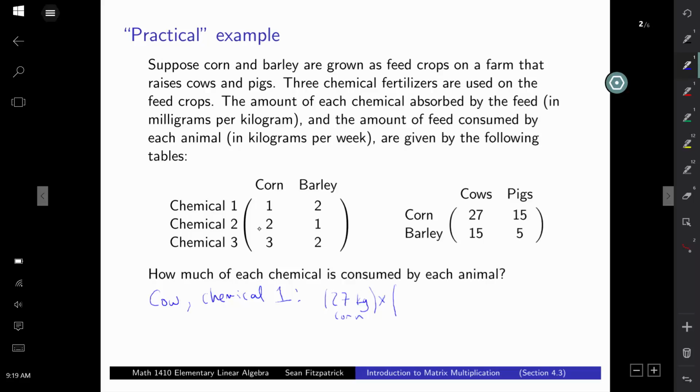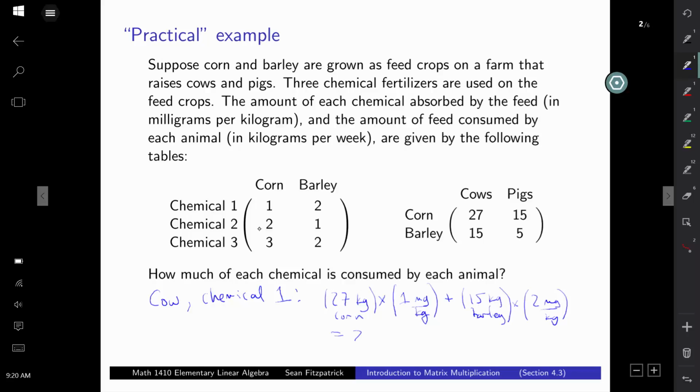So 27 kilograms of corn times 1 milligram per kilo of the first chemical. That tells us how much the cow is consuming by eating the corn, but we also have to add on the amount consumed from eating the barley. So there's an additional 15 kilograms of barley, and we multiply by the amount in the first matrix, which says there are 2 milligrams of the chemical for every kilo of barley. And so what do we get?